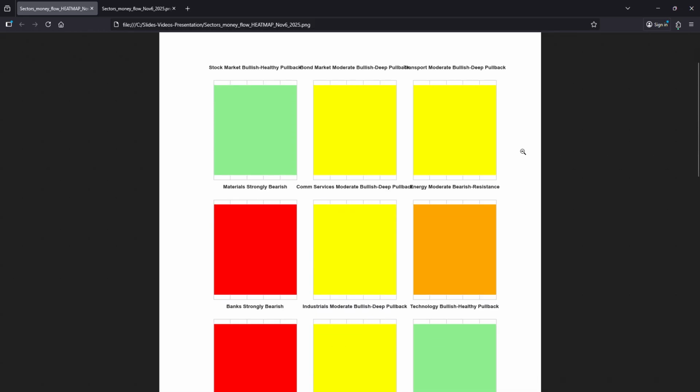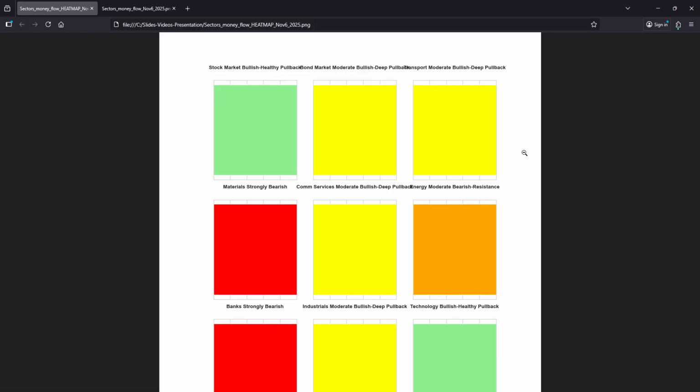So we have green, which is strongly bullish, and then we have light green, which is still bullish, but not very bullish. And then there is also yellow, that is moderately bullish with a deep pullback. The light green has a lighter pullback to the 20 EMA.